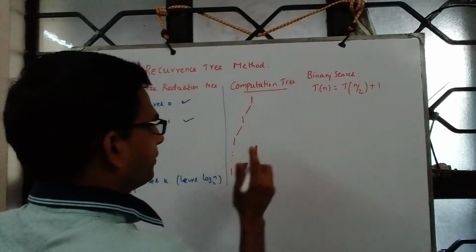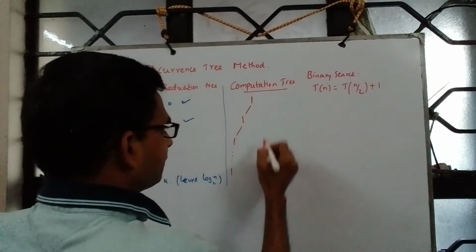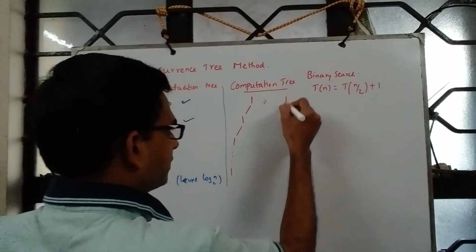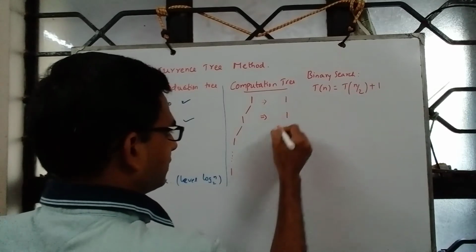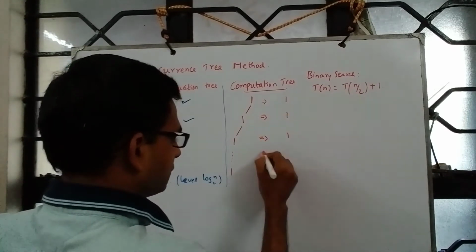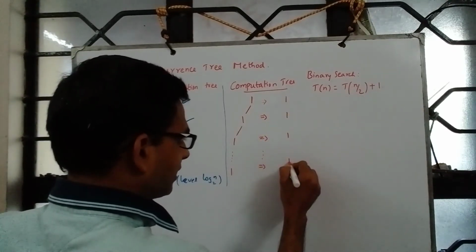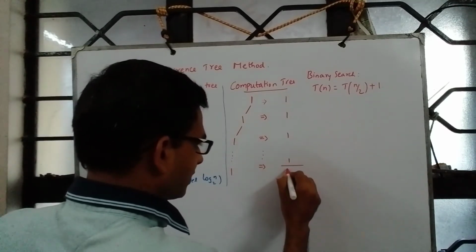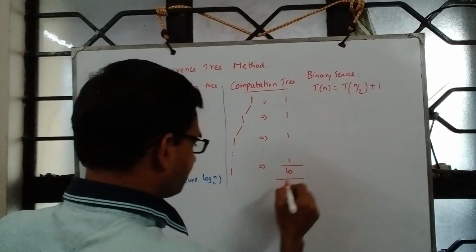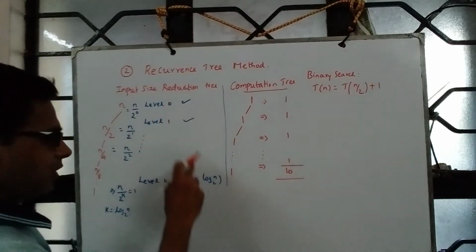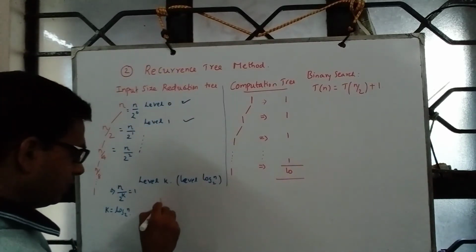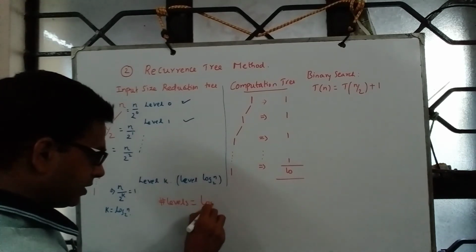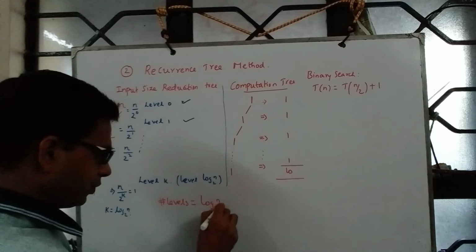Now what would be the cost? The cost of this tree is, what is the cost at each level? Cost at this level is 1, cost at this level is 1. At each level the cost is 1. So total number of ones is, how many levels are there? Level 0 to level log n base 2. So number of levels is log n base 2 plus 1.